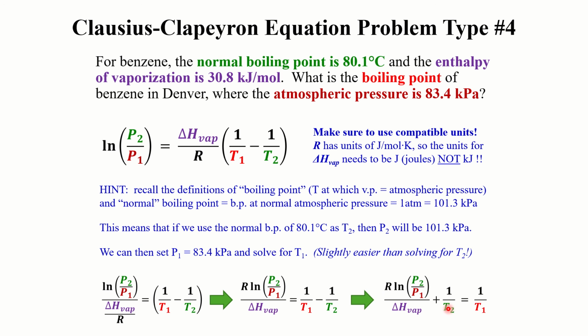Again, just make sure you convert it to Kelvin, and work your way through this problem and solve for T1. Please try this algebra on your own and see if you can come up with the correct answer. All right, and the correct answer here, you should have gotten around 346.9 Kelvin or 73.8 degrees Celsius.